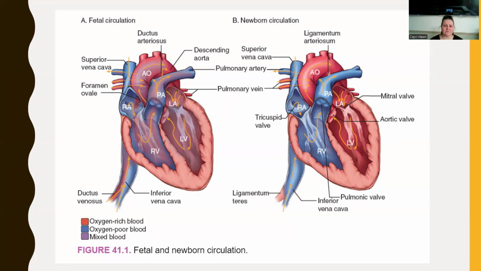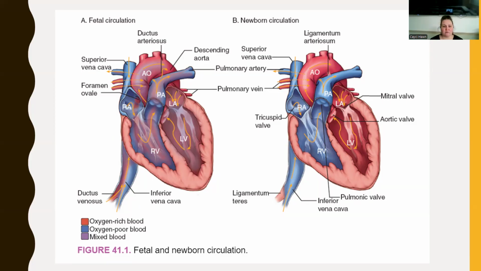So that's the change from fetal circulation to newborn circulation. This is something that I mentioned way back in chapter 10 that you would need to know for pediatrics. So I'm not going to spend a whole lot of time on this.